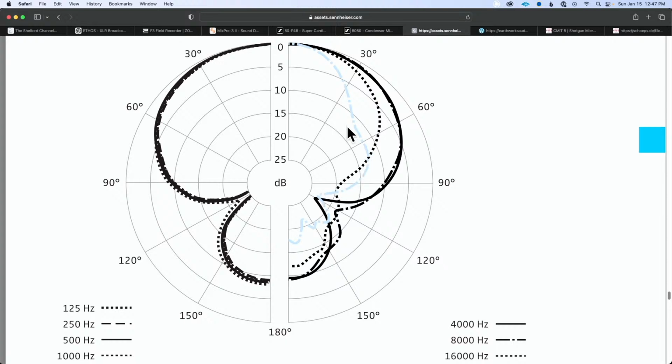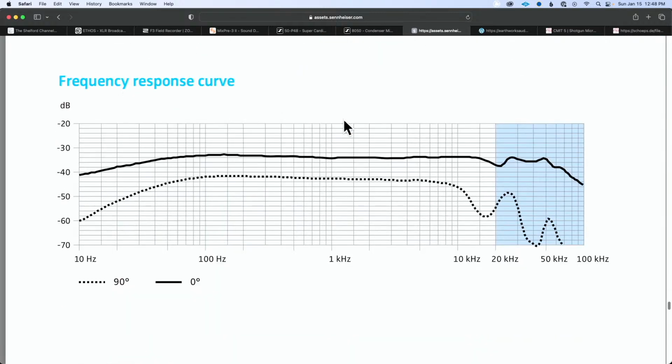That's probably not a big issue, because most of us aren't hearing that anyway. However, notice that at 16 kilohertz, it is less sensitive at the sides at 90 degrees versus down at 500 hertz. So that would produce some small amount of coloration.